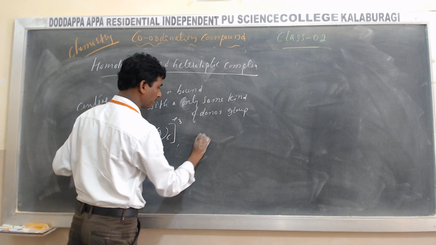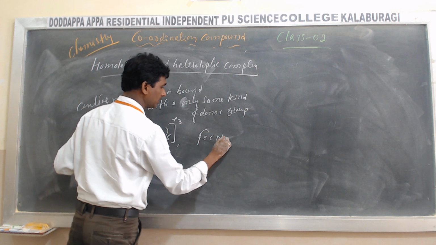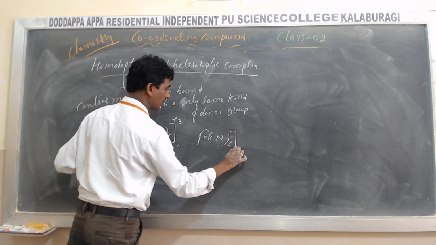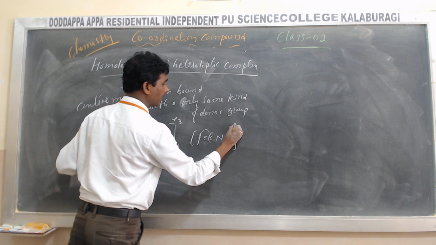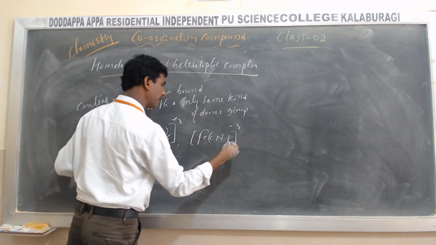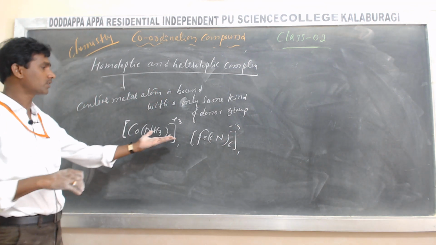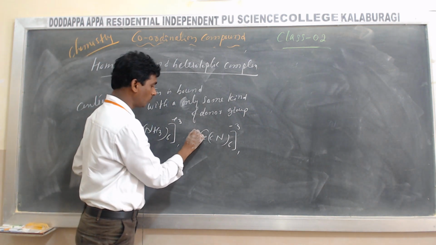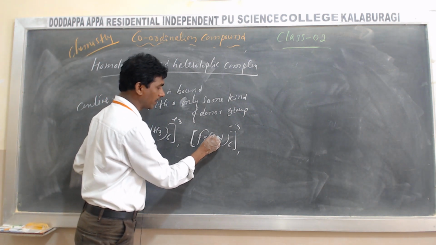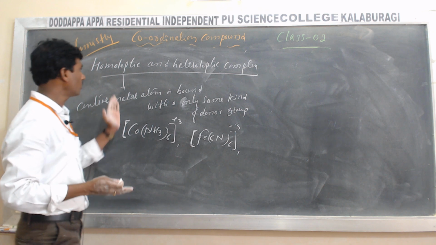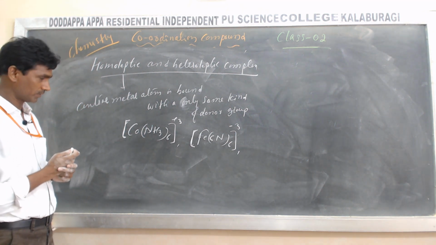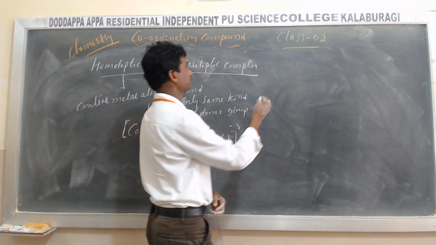Next, one more example: Fe(CN)6, with charge -3 or -4, two examples. Only one kind of donor group, or one kind of ligand, is attached. So it is called a homoleptic complex.